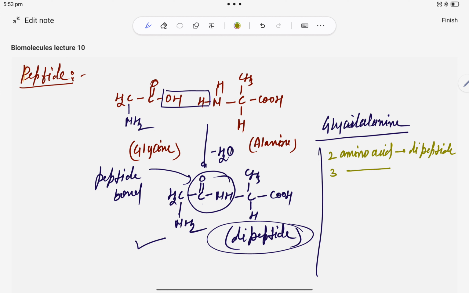When three amino acids, then tripeptide. Four amino acids, then tetrapeptide. Many amino acids, then polypeptide.